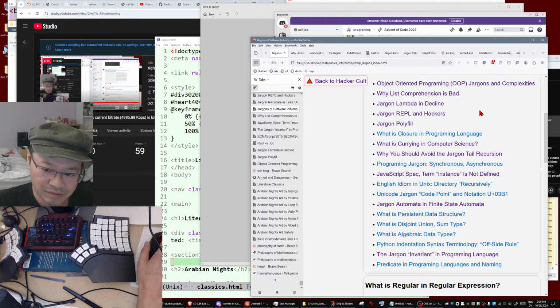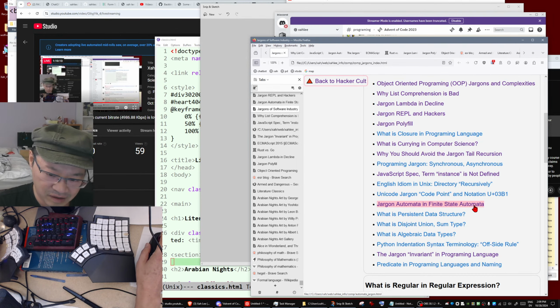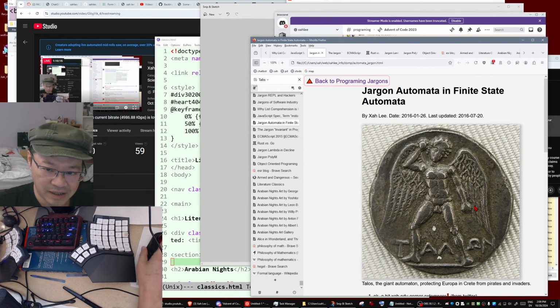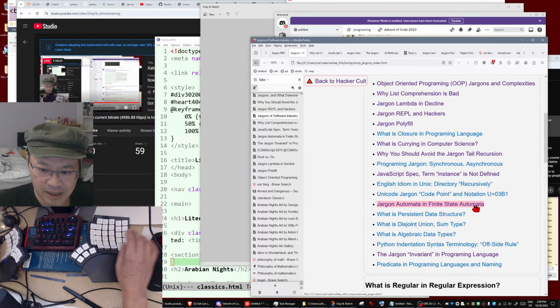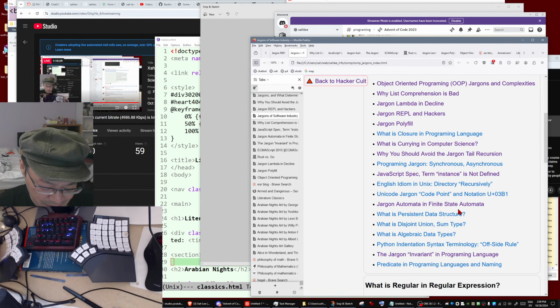So you have instance, you have code point from Unicode, and then you have the jargon finite automata, finite state automata, which regular expression came from. Anyway, you've got all these jargons.